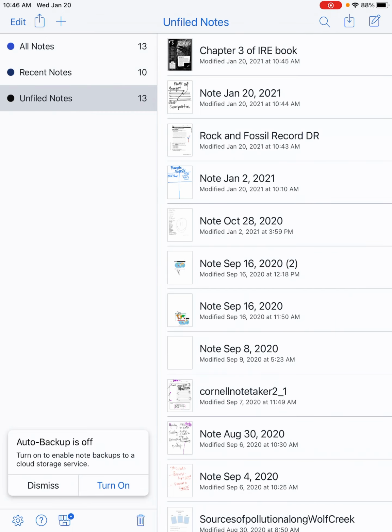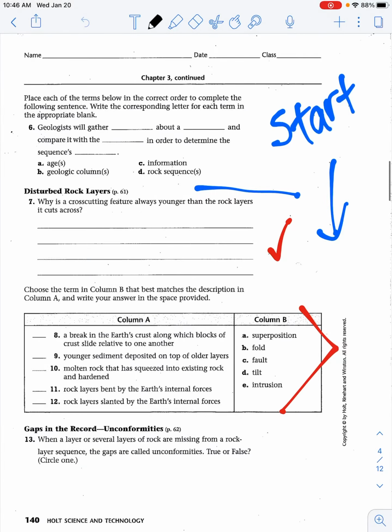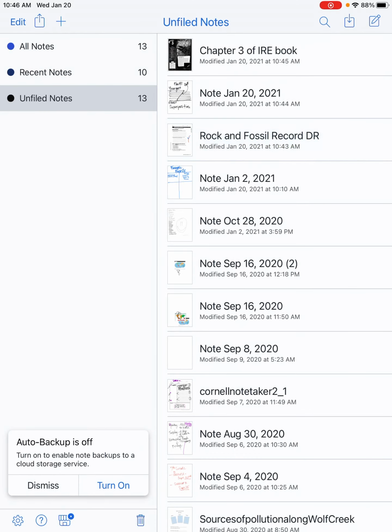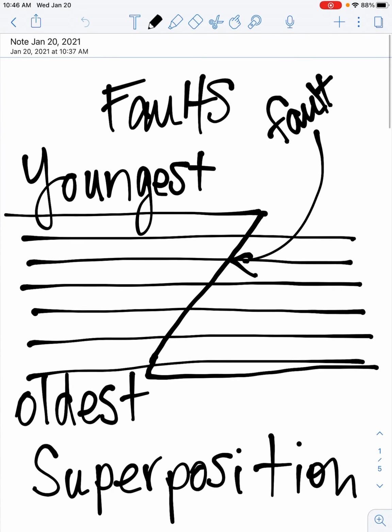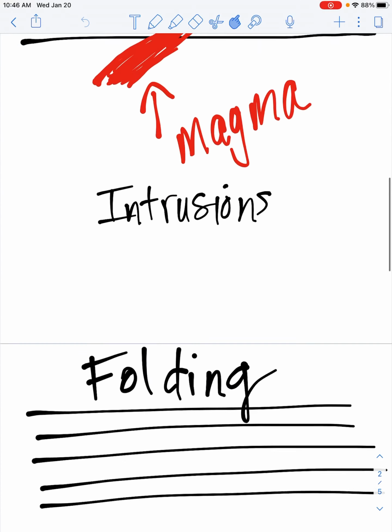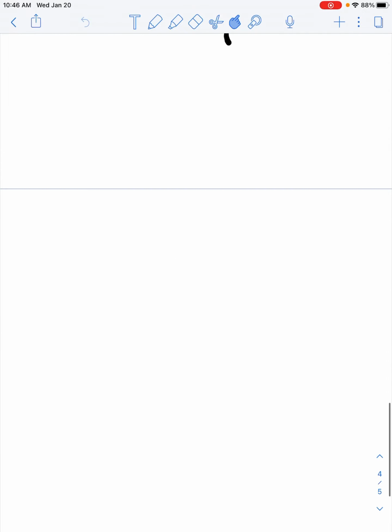Okay, so let's move on. Now we're going to talk about gaps in the record. So sometimes we get rock layers where, let me scroll down a bit here. We have our rock layers and maybe wind or water erodes away part of that rock layer.